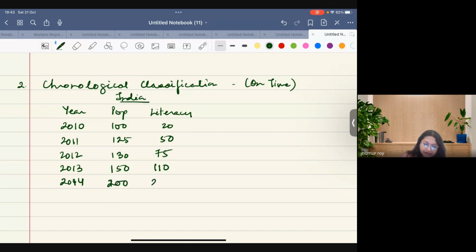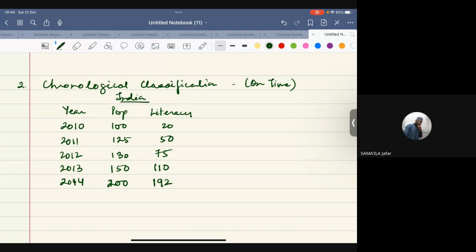Out of that 200, suppose I say 192 people were literate. Now can you tell me what this will mean? Do you think there's a positive relationship between literacy and population and time? Over time period, do you think that population has increased, literacy has also increased, but has the proportion also increased?